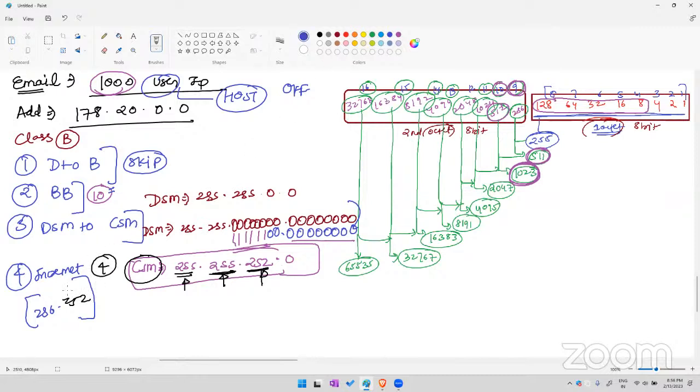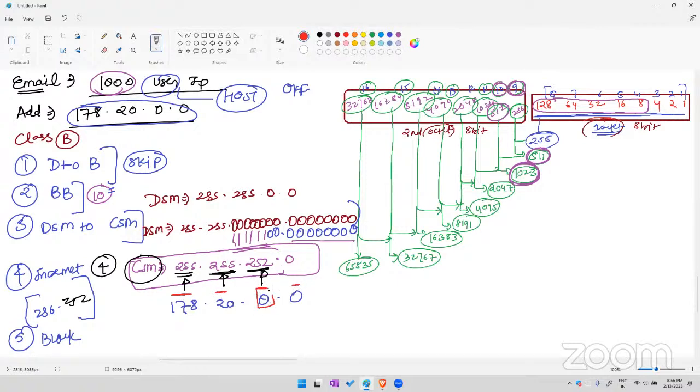Now the fifth number task. We need to follow the block. The block address is already provided by the admin. This address is 178.20.0.0. So verify this: the first octet is fixed, the second is fixed, but the third and fourth are always free.